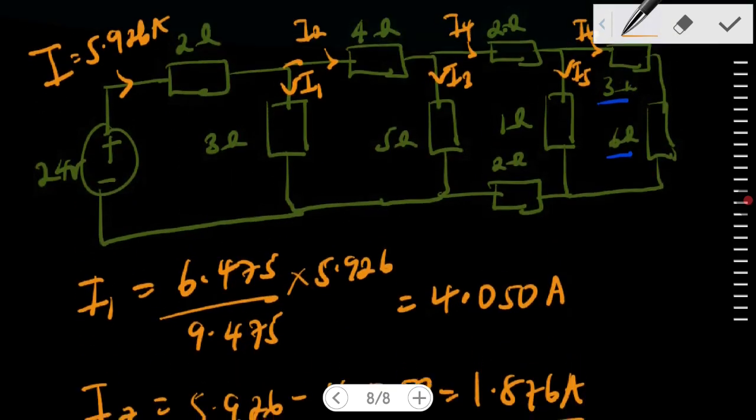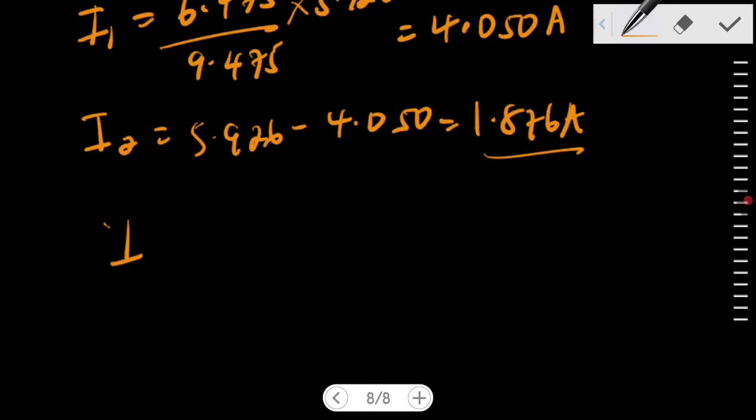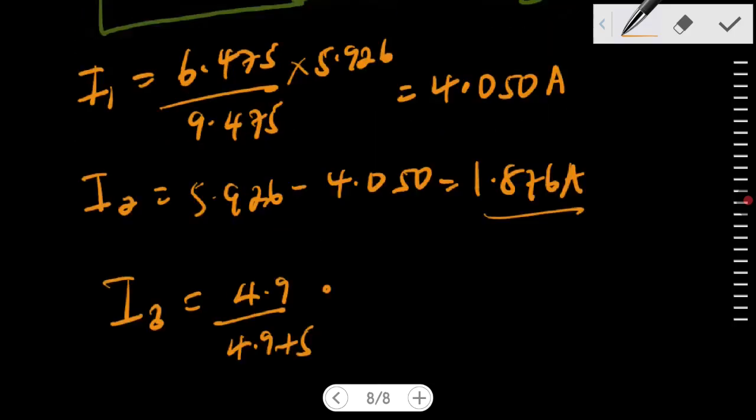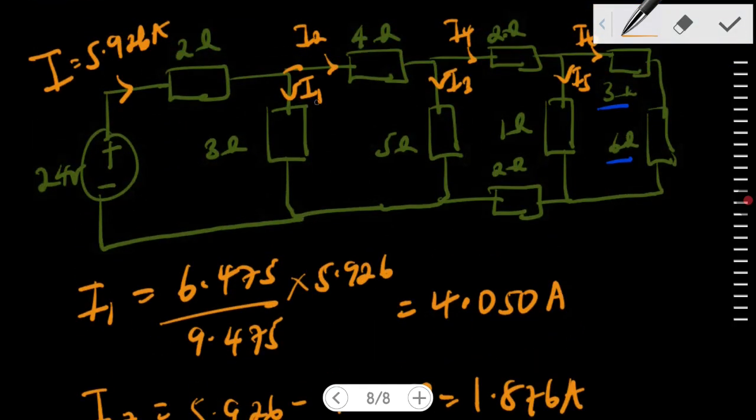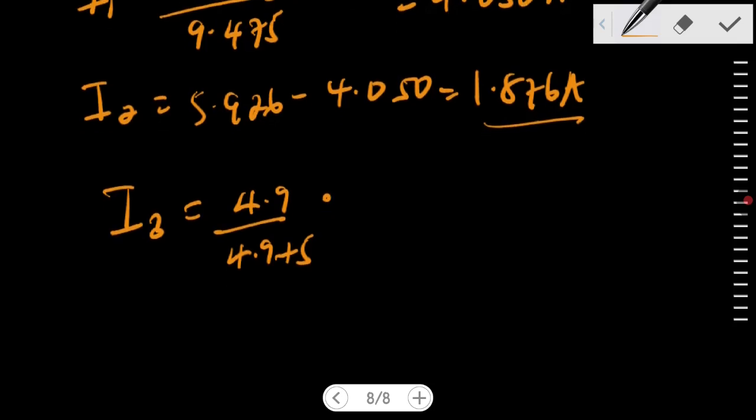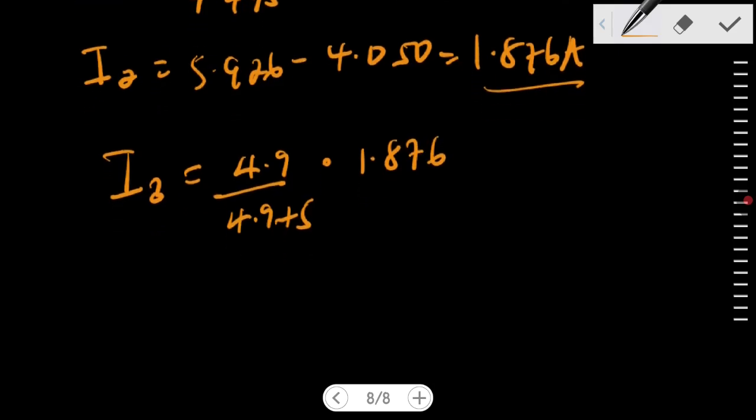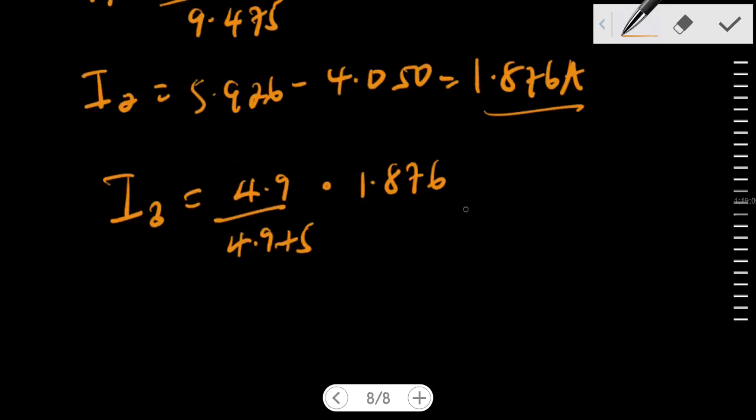That means that for us to get I3, we shall say that I3 is equal to 4.9 divided by 4.9 plus 5 multiplied by the current that's coming into that, which is I2. And we got our I2 as 1.876, right? Therefore, if you work it out, here we would get 0.929 amps, right? Now, this is I3.